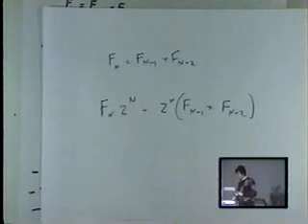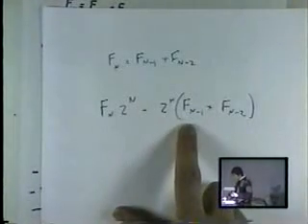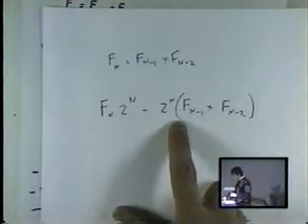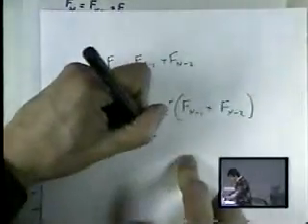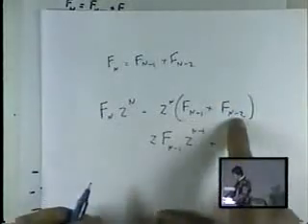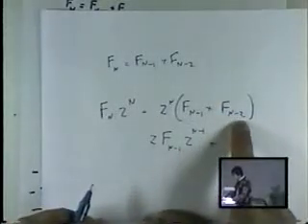So I claim I can write this as the sum. I could also factor it out a little bit, so I get something that looks like this, plus I could factor z to the n times f of n minus 2. I could factor out a z squared.